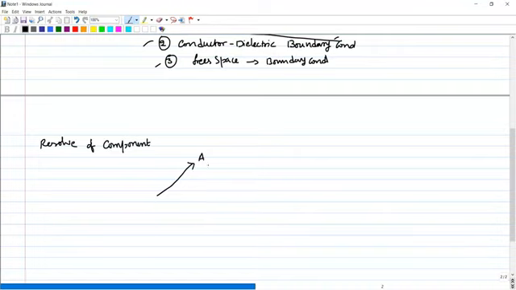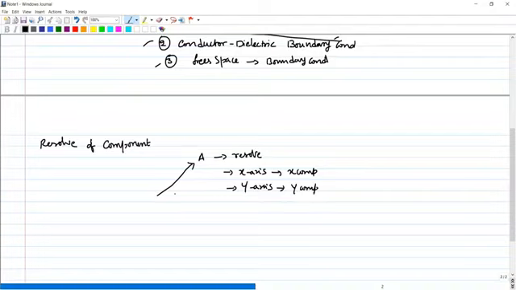If you want to resolve this vector, we can resolve it with respect to the x-axis as well as the y-axis. The component with respect to the x-axis is called the x component, and the component with respect to the y-axis is called the y component.